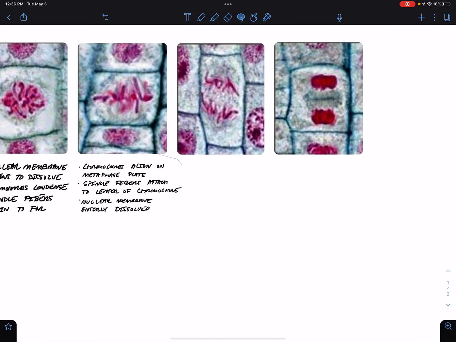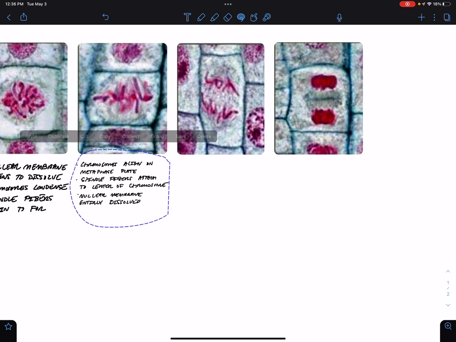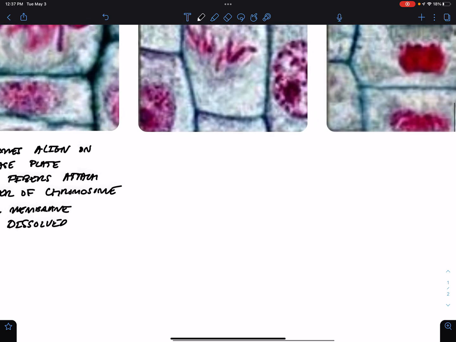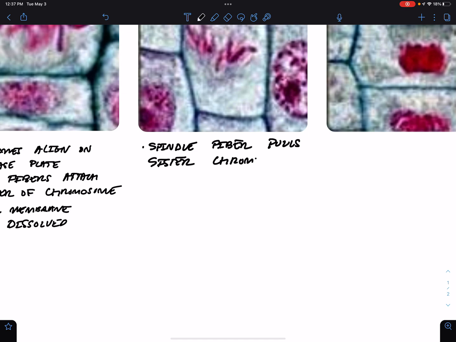So the spindle fiber pulls sister chromatids apart.